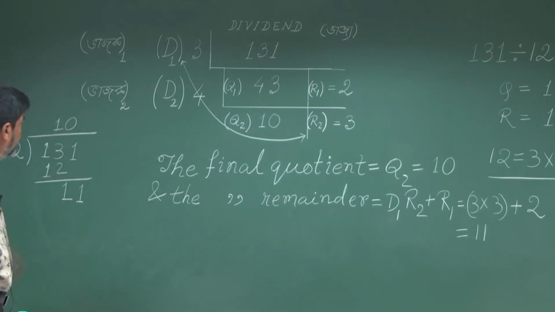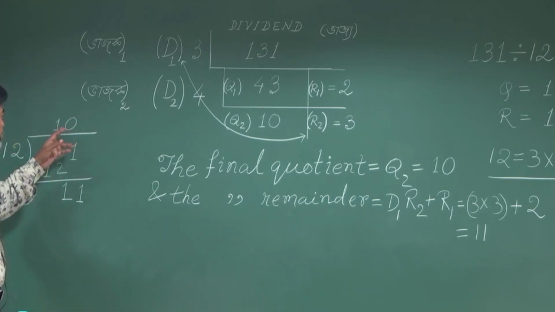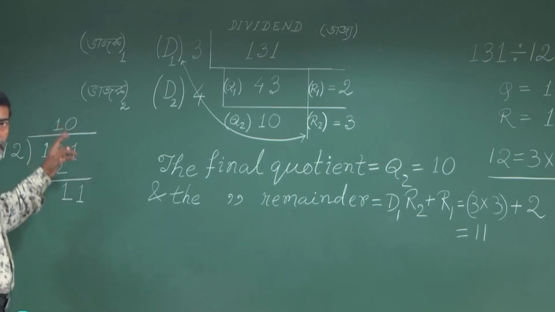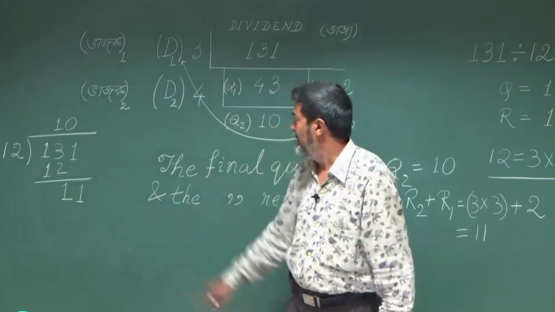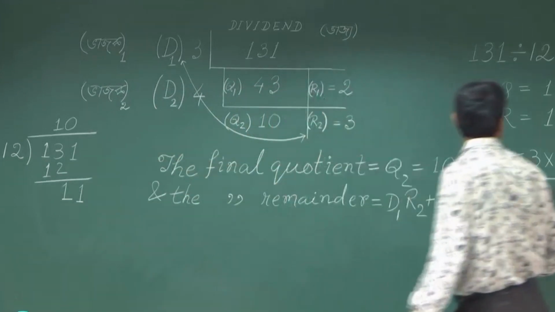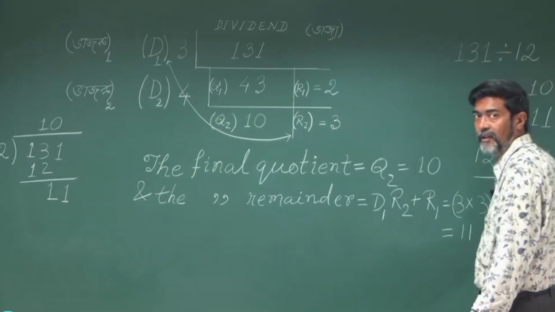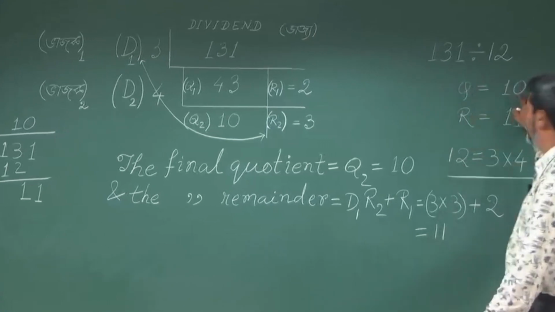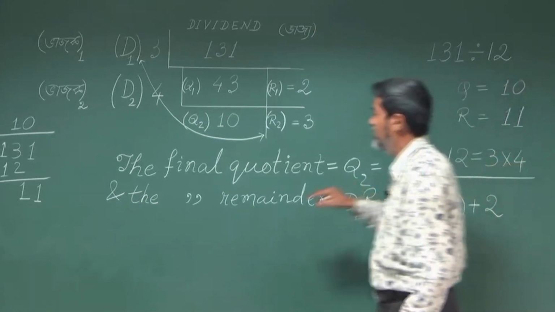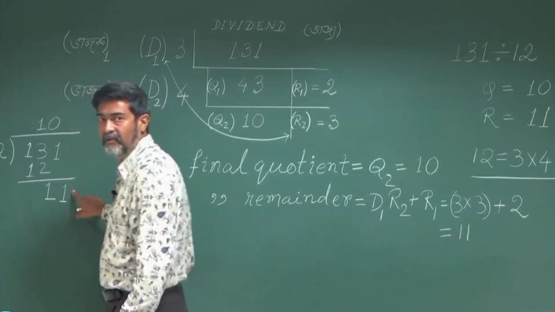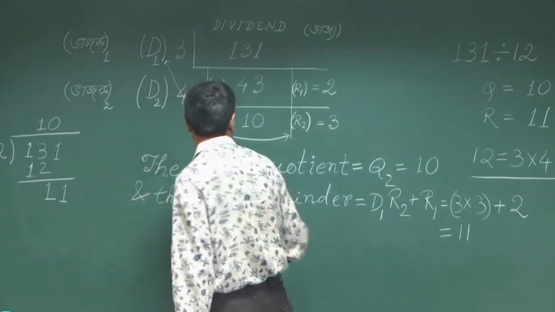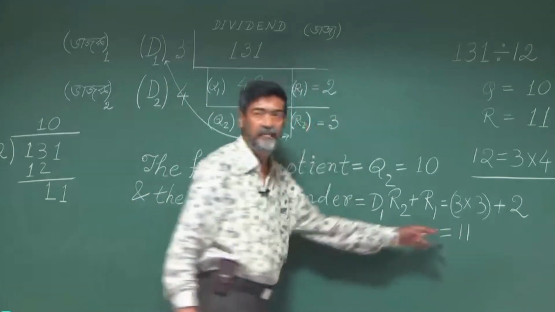Therefore, we see that the final quotient, that is the quotient when 131 is divided by 12, is 10. Here we check whether it is 10 or not. Yes, it is 10. And for the final remainder, we have 11 by direct division, and here it is 11.